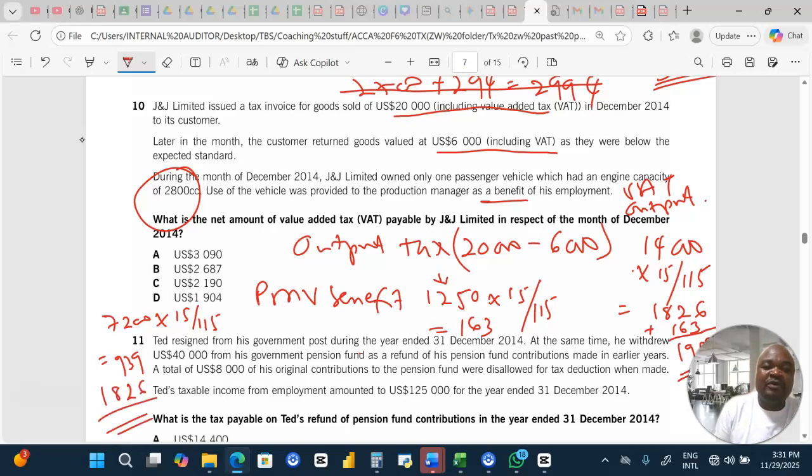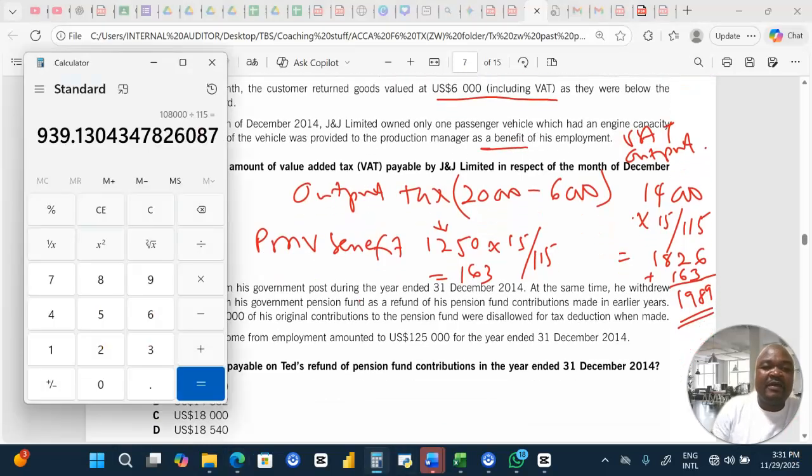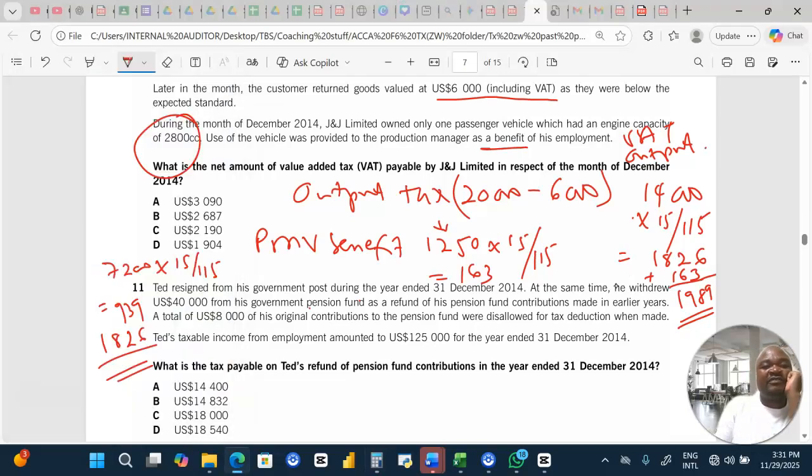So the amount we were going to get was 1826 plus 939, which is 2765.